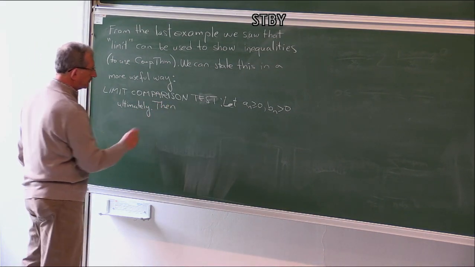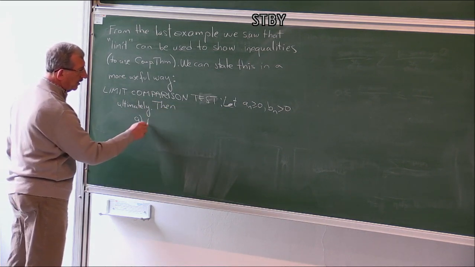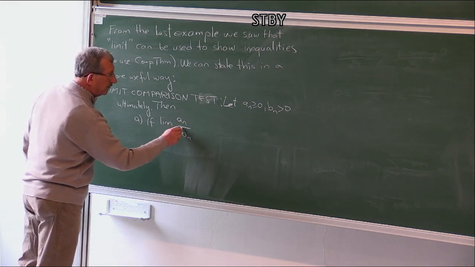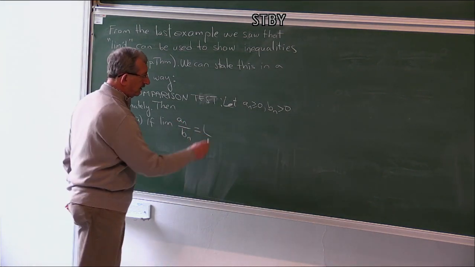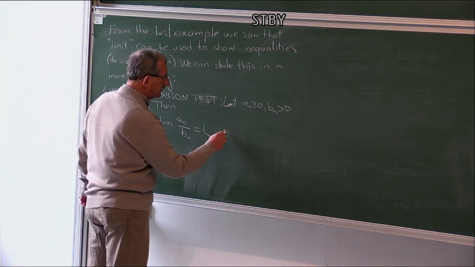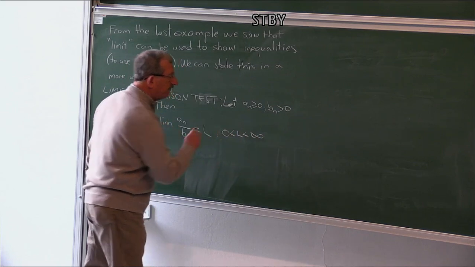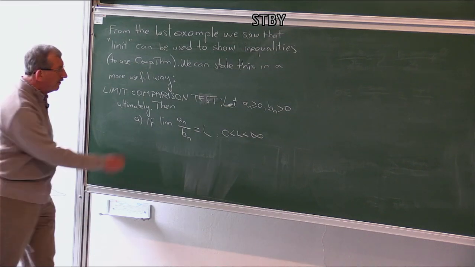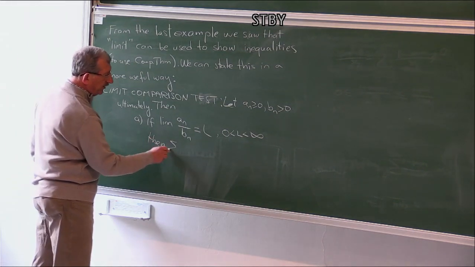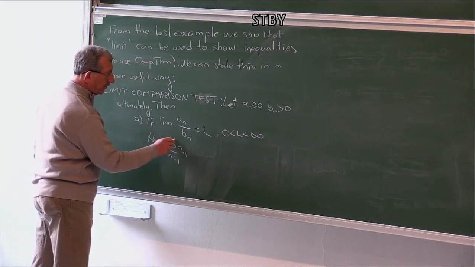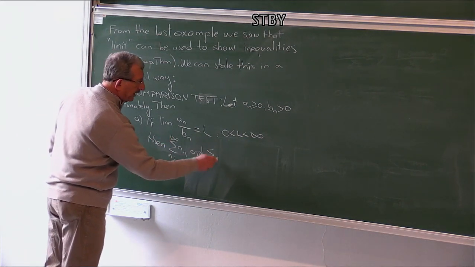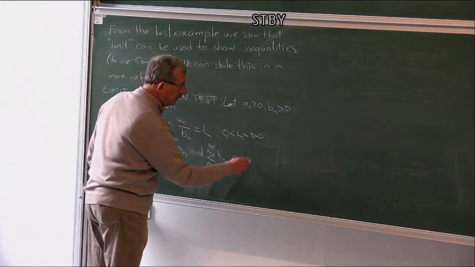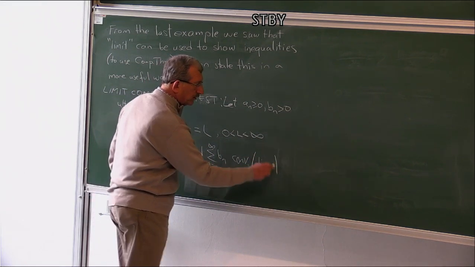Then, if limit an over Bn is L, and L is a finite non-zero number, a strictly positive number, then the series An and Bn converge or diverge together.